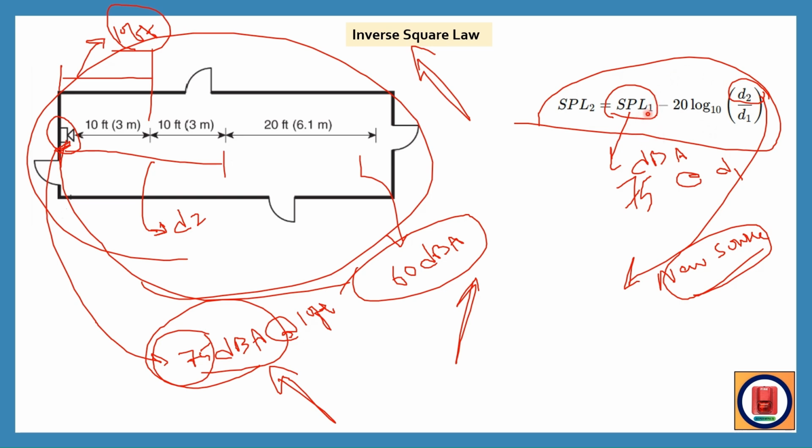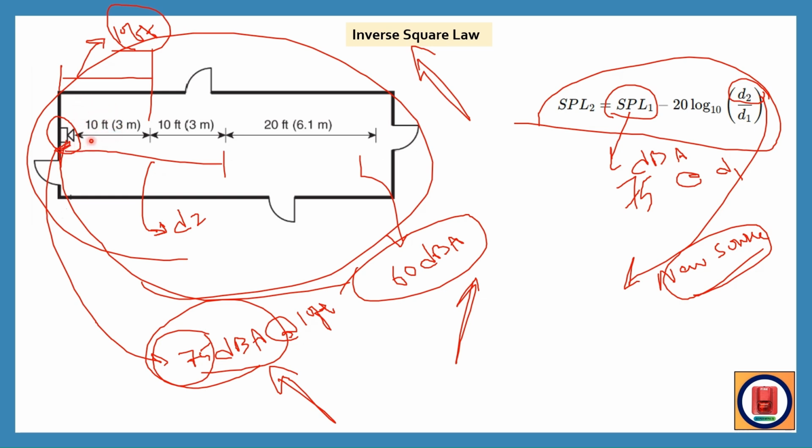However, if we know SPL1, D2 and D1, we can calculate the sound level at this particular point or at D2. Now, let us try to calculate by considering SPL1 as 75 dBA and D1 as 10 feet, and D2 shall be basically double this D1.